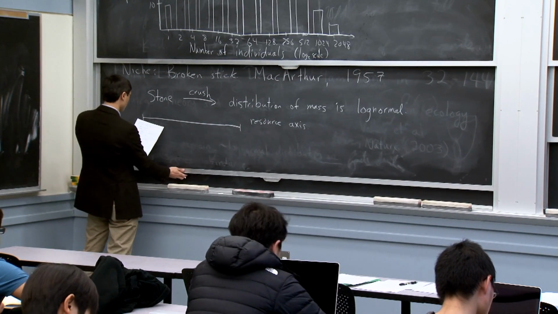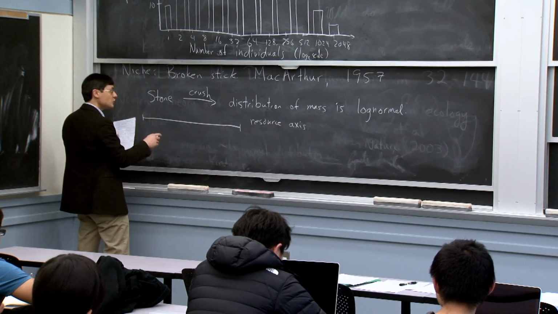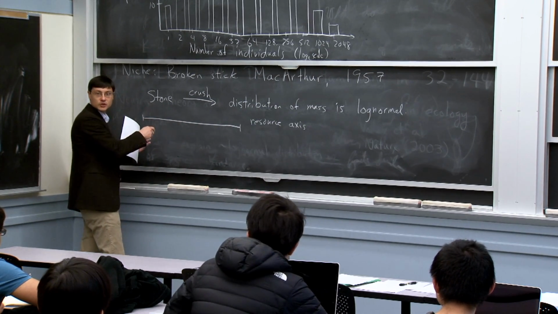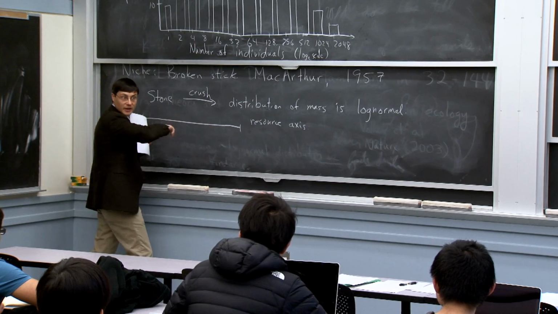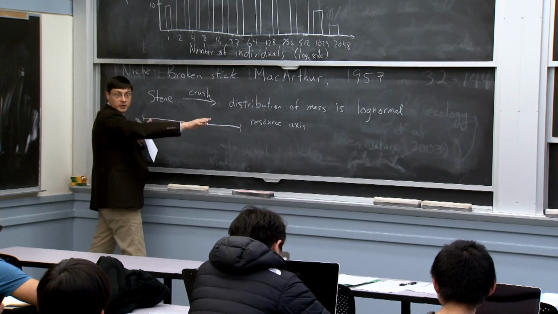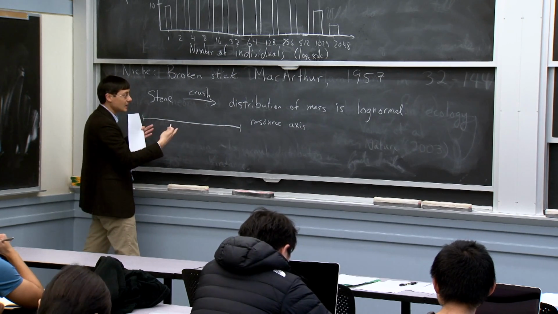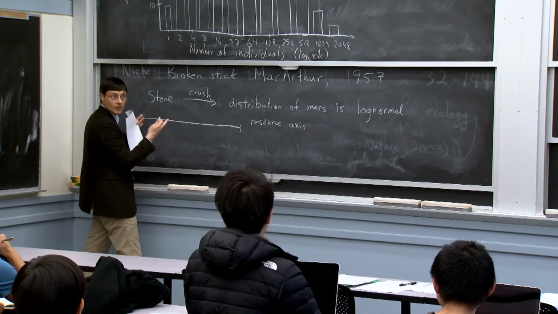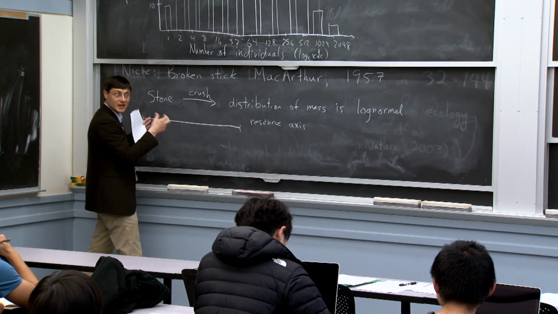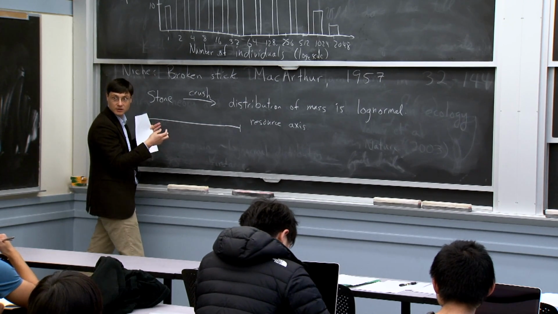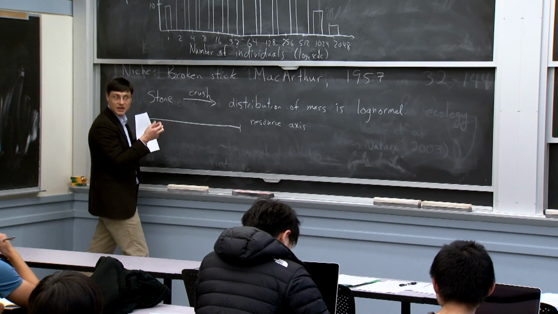And the idea is that if you just break this up randomly, so let's say that you just draw n-1 points randomly here, and you ask, okay, now you have n species with n different abundances. The question is, does that give a log normal?